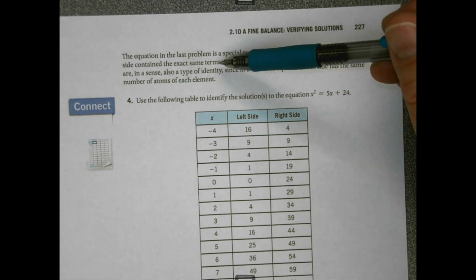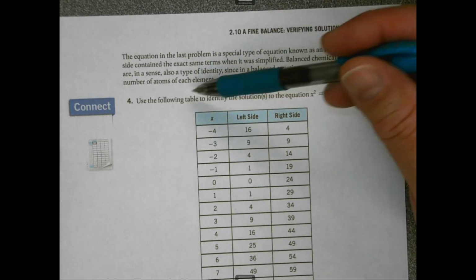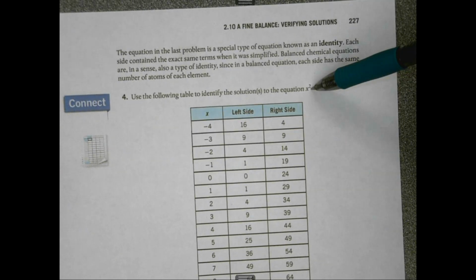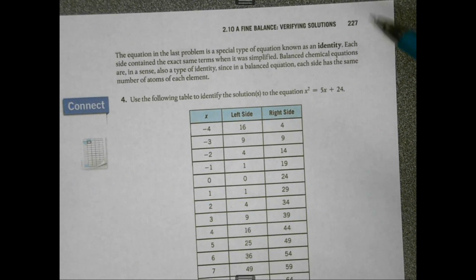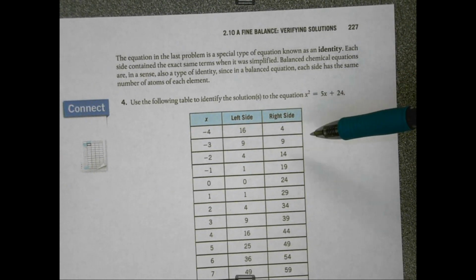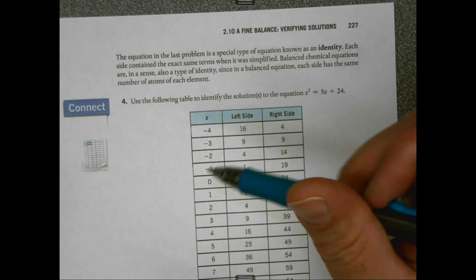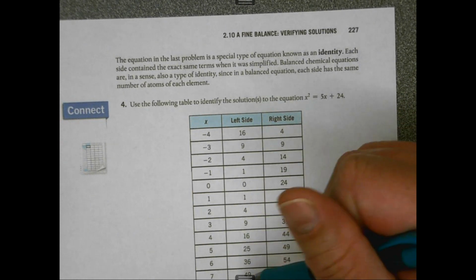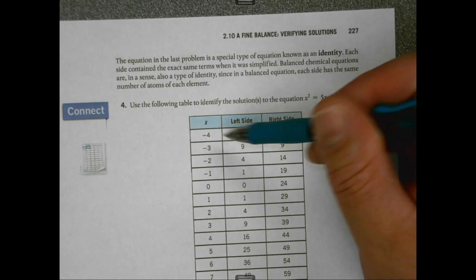If I plug in negative 4 for x, on the left side, I get negative 4 squared is 16. Negative 4 times 5 is negative 20 plus 24 is 4. So the only one here where I get the left side and the right side equal is when x equals negative 3.